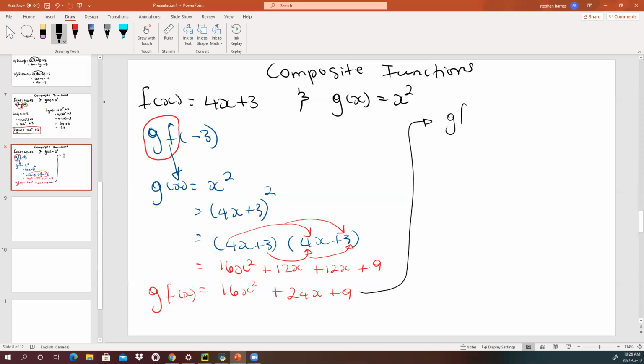So g of f of minus 3 equals 16x squared plus 24x plus 9. So 16 times minus 3 squared plus 24 times minus 3 plus 9.